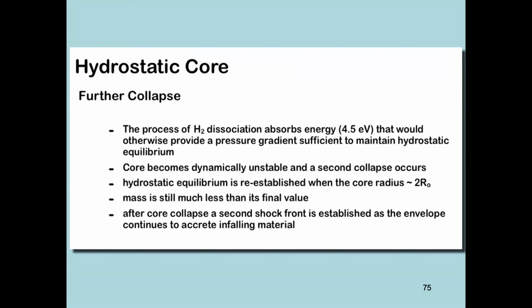So the energy required for the dissociation of H2 is the thing that triggers this second step toward the contraction of this first hydrostatic core, which can then go toward higher and higher density. So you have the second shock front, and you can continue to accrete material. And of course, there is some kind of runaway process.